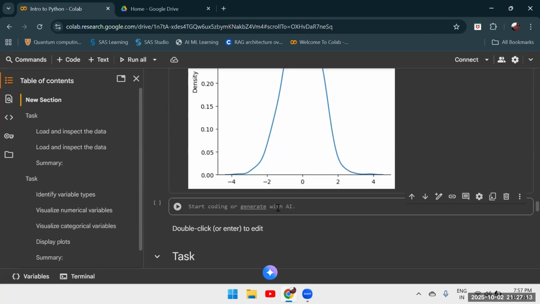Mode is for that... Maybe Raghav can tell this. Raghav, can you tell me, when do we use mode?